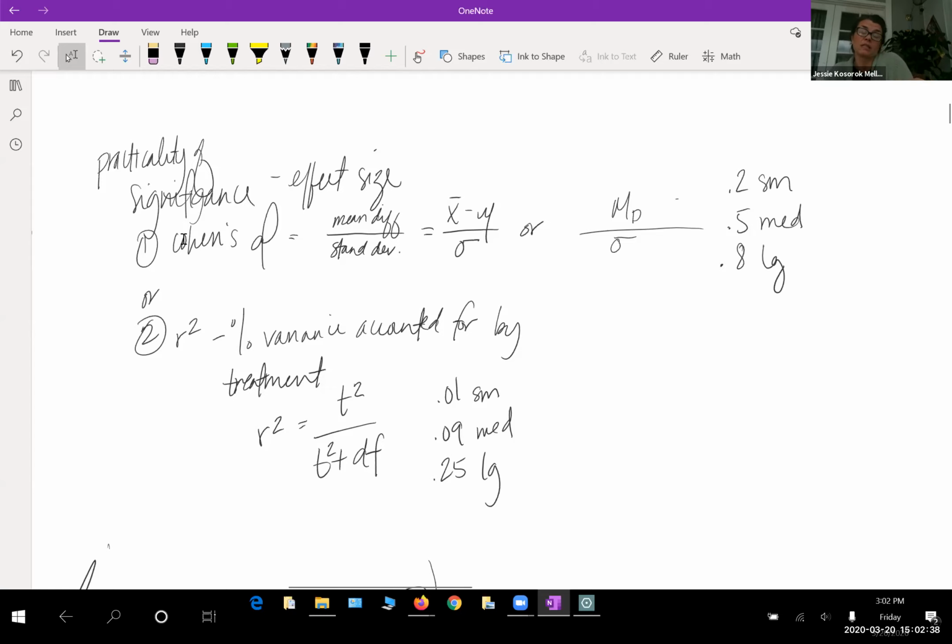This is a pretty big difference. So essentially you're comparing your mean differences to the standard deviations, on average, how far those means differ. And by doing that, you get a number. If it's 0.2 or less, it's a small difference, a small level of significance. 0.5 is medium, and 0.8 or more, you've got large.